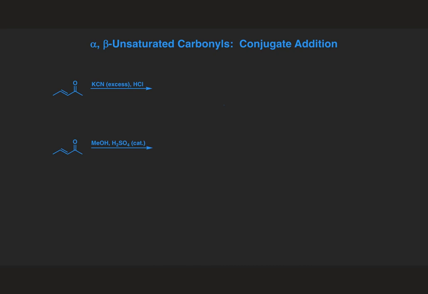And so the first one of those is conjugate addition, and this is going to be 1,4 addition. And that results in the addition at the beta carbon. And so the product of a conjugate addition is the addition at the beta carbon where the ketone stays intact.